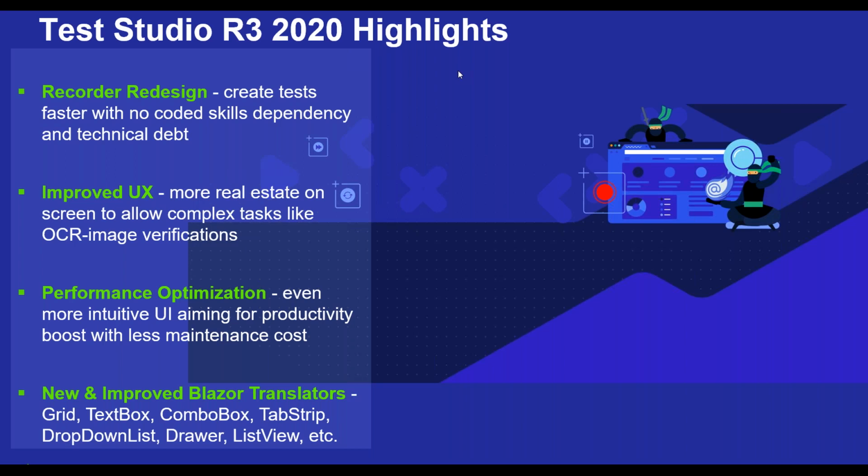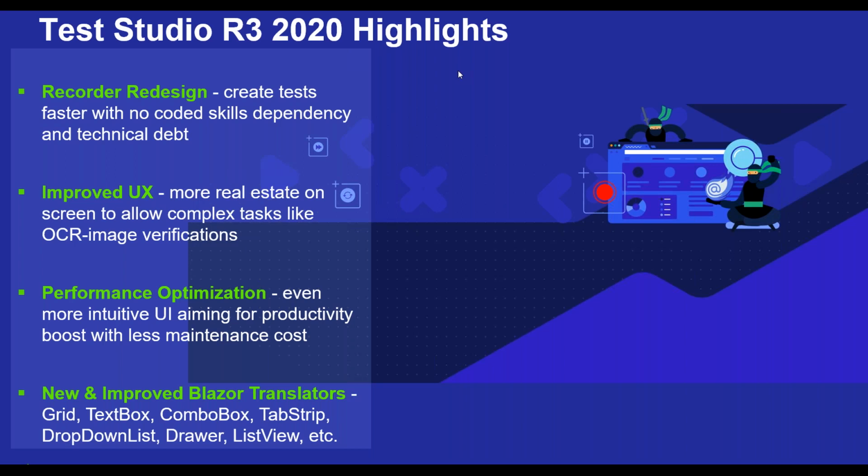Remember, we just released a few iterations ago OCR image detection, where you can extract data from images, and in order to do this completely fluently, you need to have a bunch of real estate on your screen.